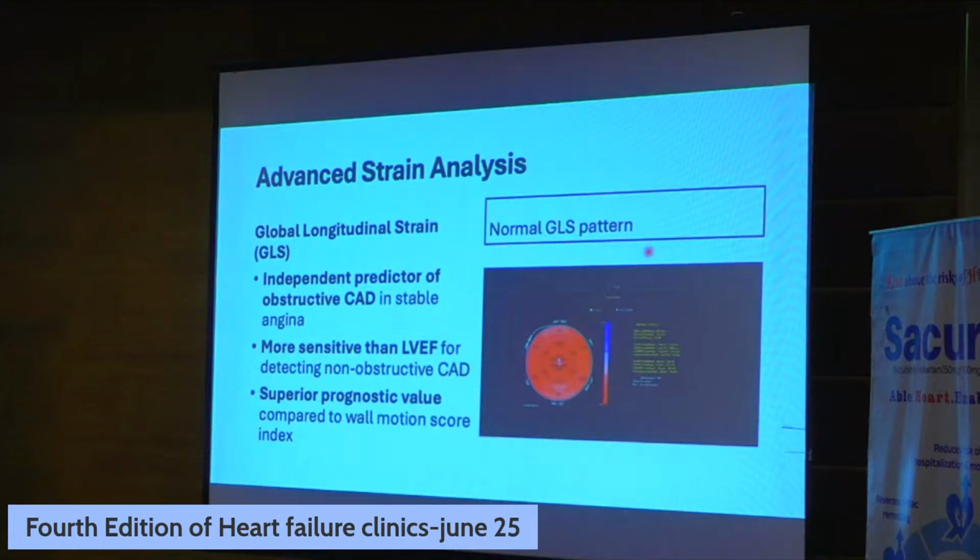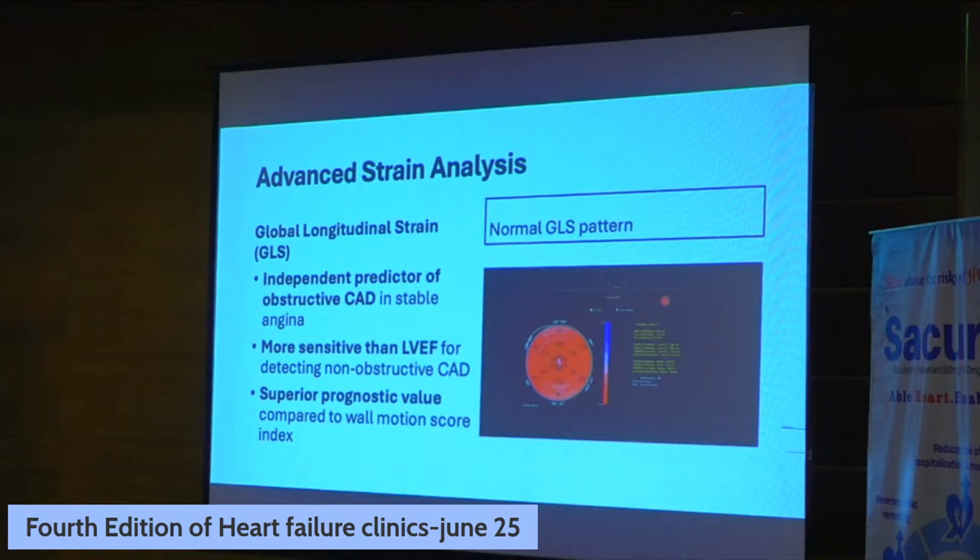Now, as I told you, the heart contracts like this, and apart from that there is the circumferential contraction. Ejection fraction estimates the circumferential contraction, but most of the contraction of the heart happens in the longitudinal plane. From the apex to the base of the heart, it squeezes the blood, and it has a torsion also.